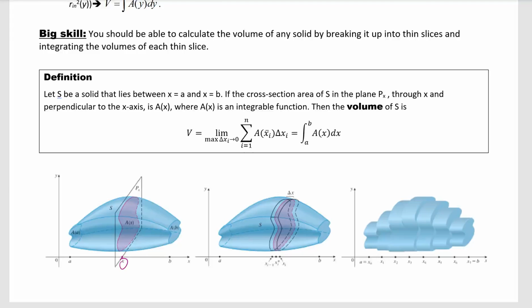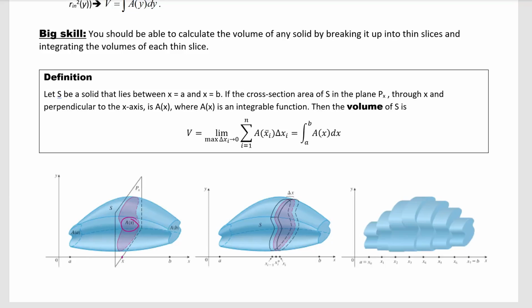And let's say we have a plane that goes through x and perpendicular to the x-axis. So this is a plane. Okay, and we use this plane to cut the solid, and we get the cross-section area. Let's say this cross-section area is A of x.